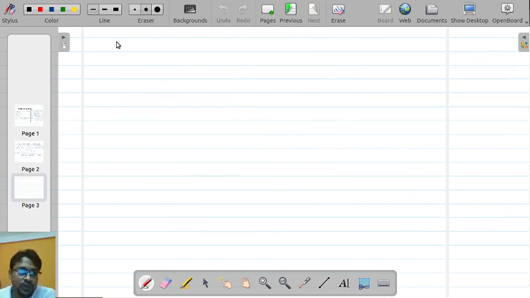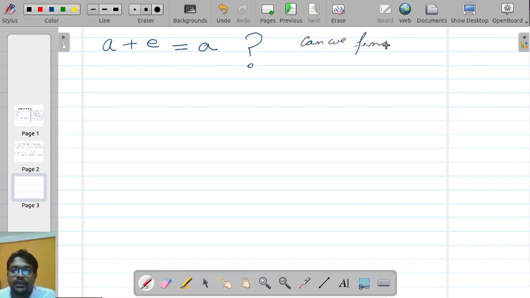Next, can we find a natural number e such that a plus e is always equal to a? Can we find e inside the set of natural numbers such that a plus e equals a? Is it possible to find?